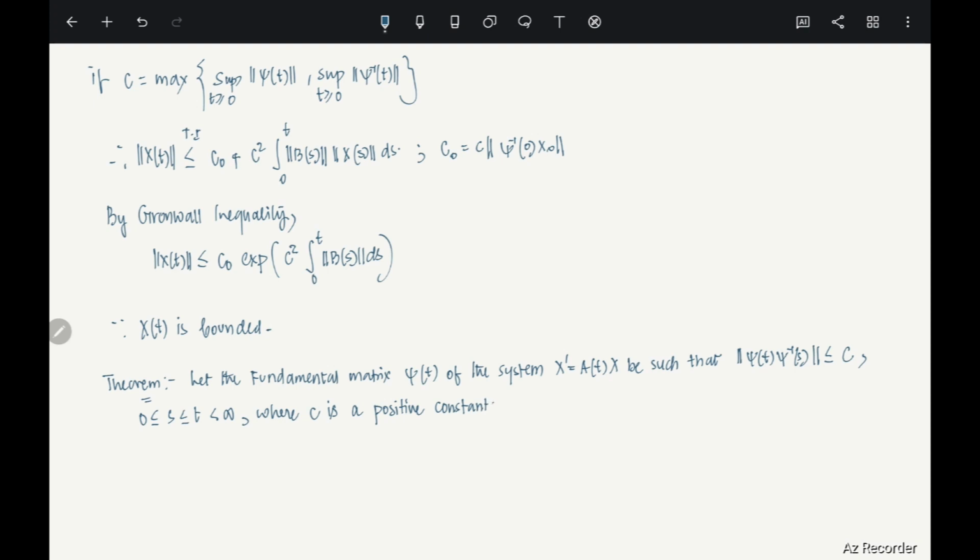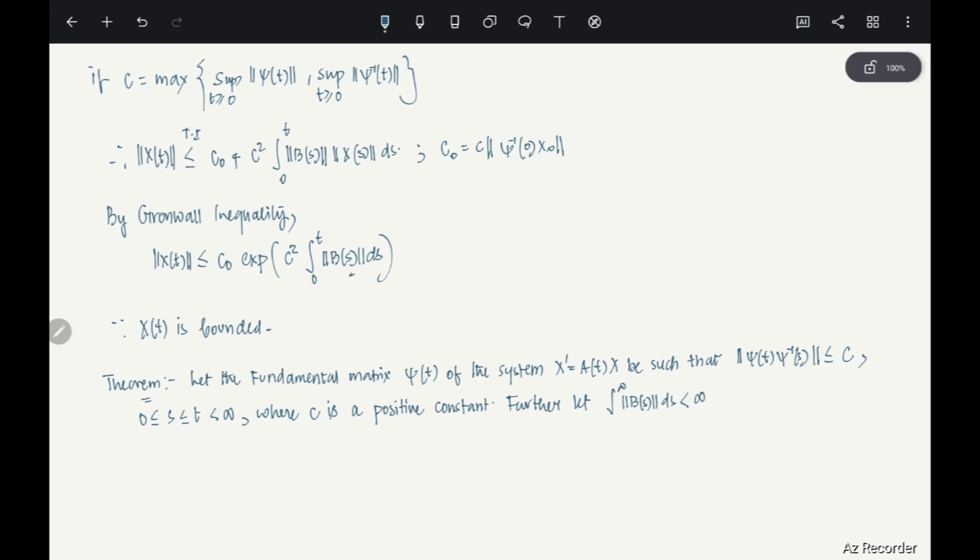Now further, let the other condition, the integral from 0 to infinity of the norm of b of s ds, be finite, that condition which we used last class.